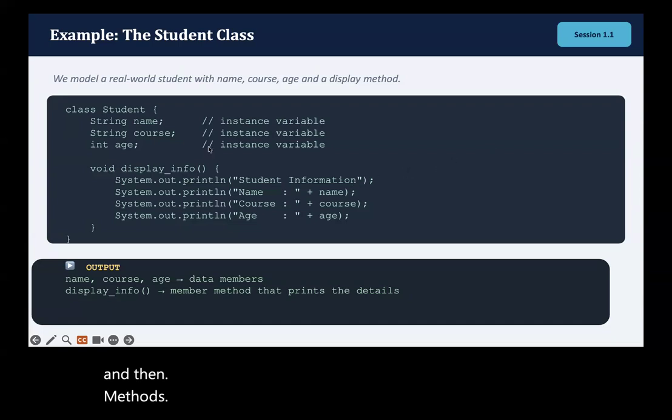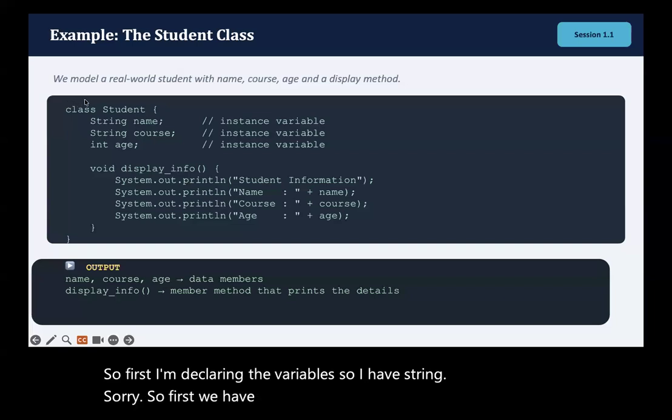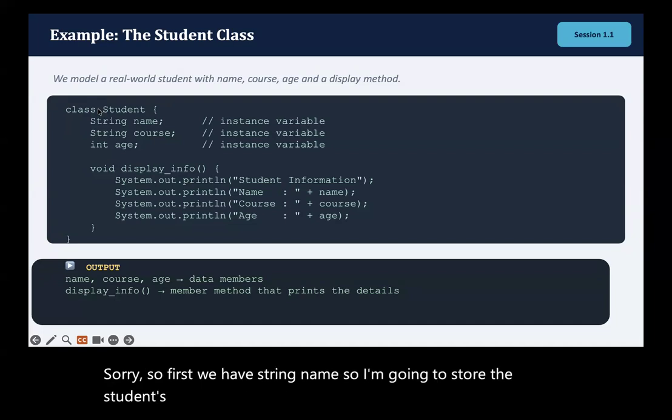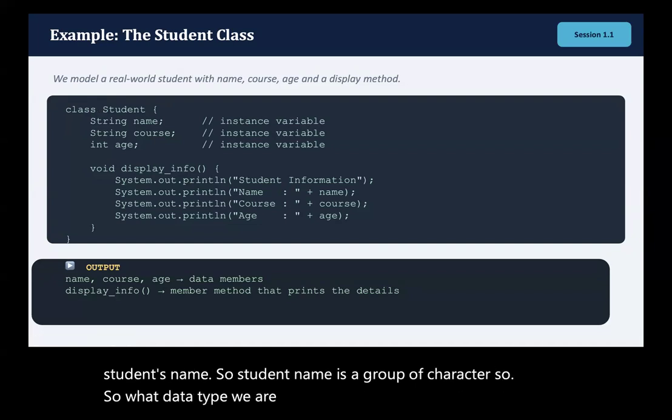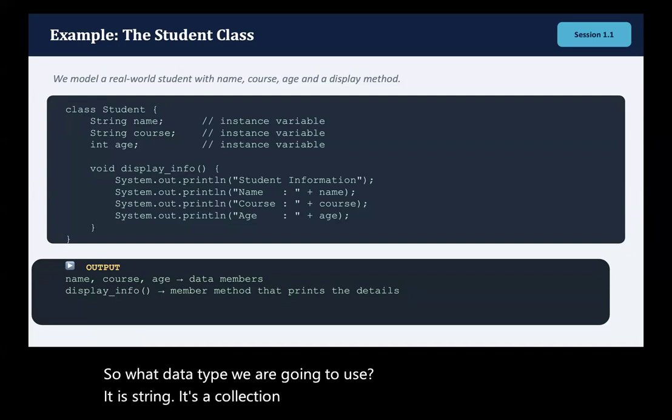So first I'm declaring the variables. First we have string name, where I'm going to store the student's name. A student name is a group of characters, so what data type are we going to use? It is string, a collection of characters.